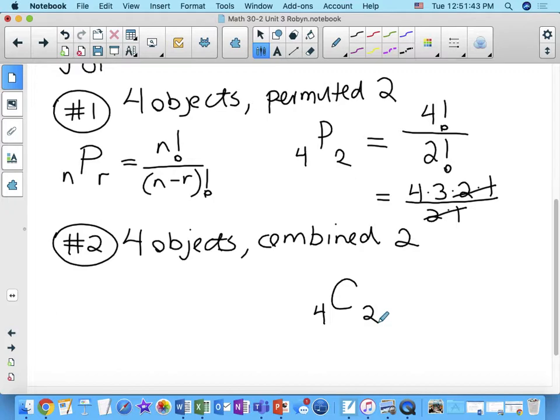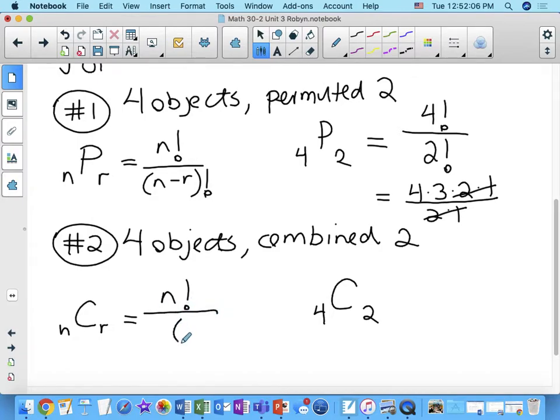The way that you would say that out loud is 4 choose 2. We start with 4 objects and we're choosing 2 of them. Now, the formula for nCr is like nPr, but there's an extra factorial in the denominator.